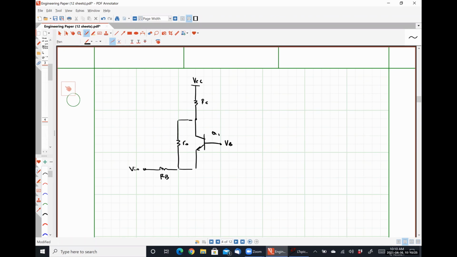We are going to make the assumption that Vout over Vx is approximately GM times RC. So we're saying that our early effect resistance is very large in essence. And our goal is to, again, determine the new approximation for the input-output relationship with the early effect included.